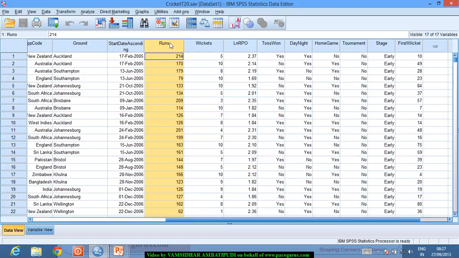I want to see whether, if the first wicket partnership is higher, the runs scored are higher, and vice versa. I want to check the equality of the difference between the total runs and the first wicket partnership.